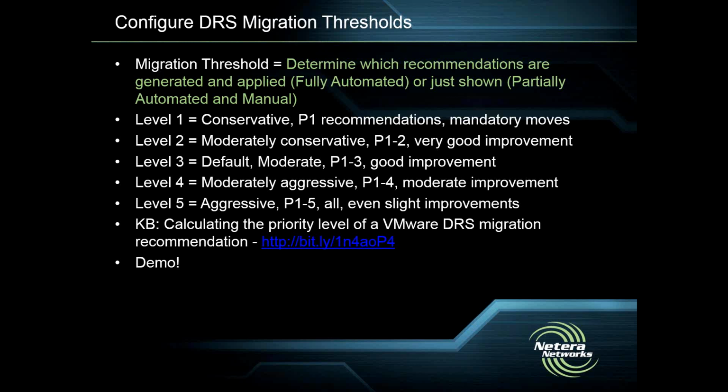It will give you those suggestions and then let the administrator determine whether to take those suggestions or not. So this link is for vSphere 4, 4.1 perhaps, but it's still relevant to calculating the priority of DRS moves.